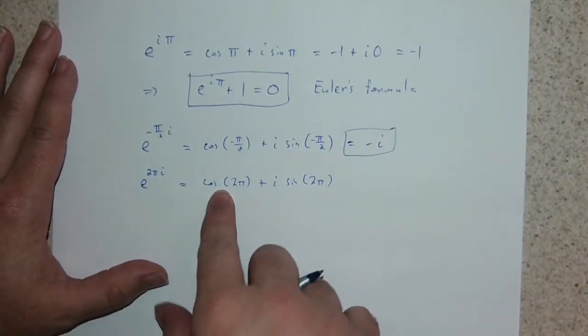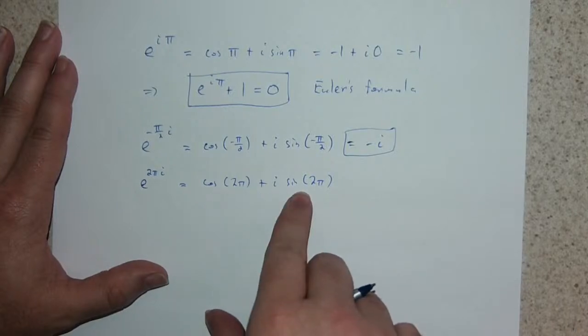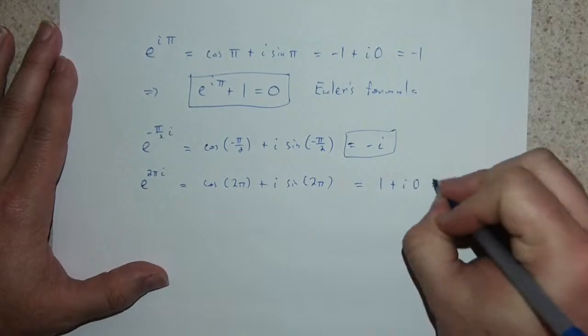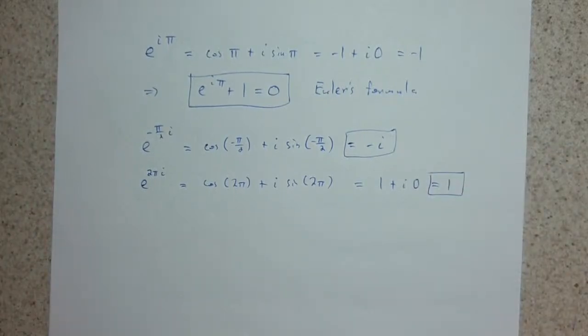Well, cosine 2 pi is 1, and sine 2 pi is 0. So this is 1 plus i times 0, so this is just 1. All right, so e to the 2 pi i is just a creative way of writing 1 here. Okay.